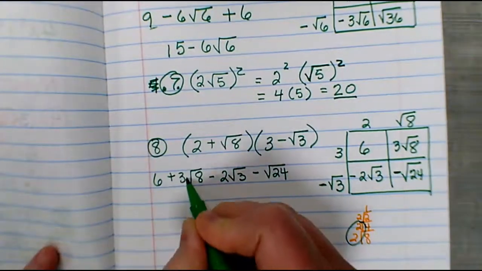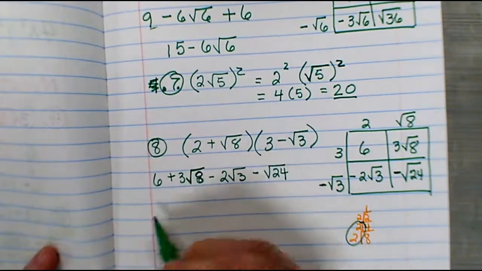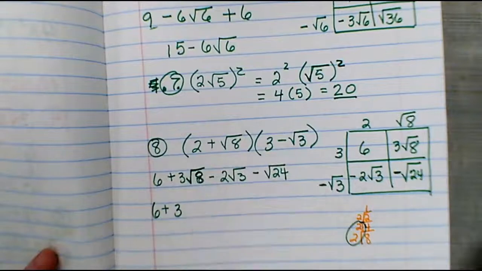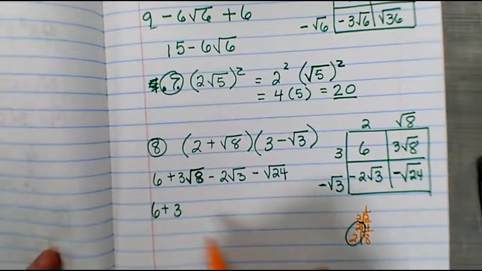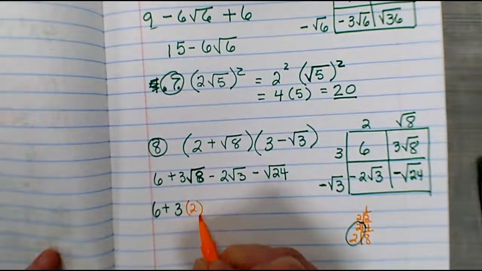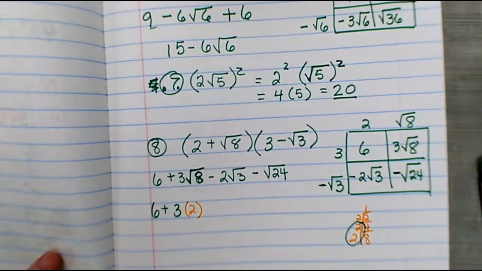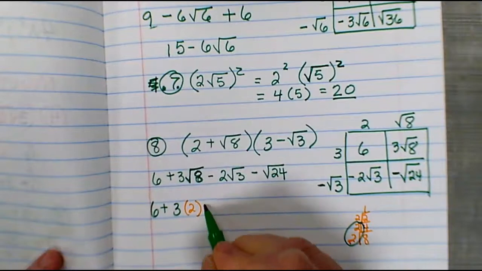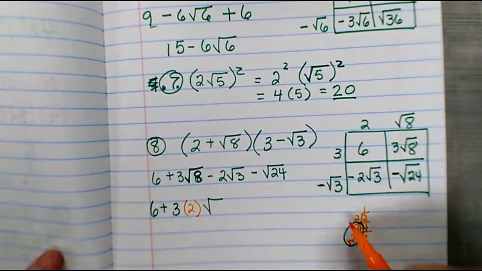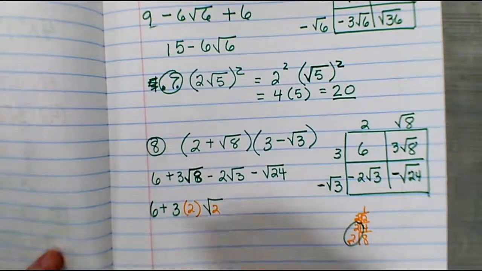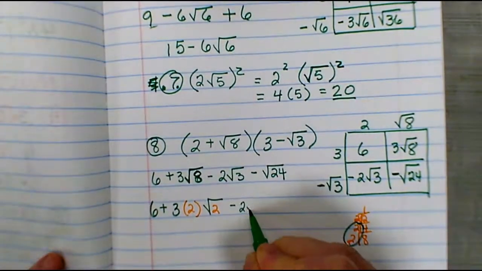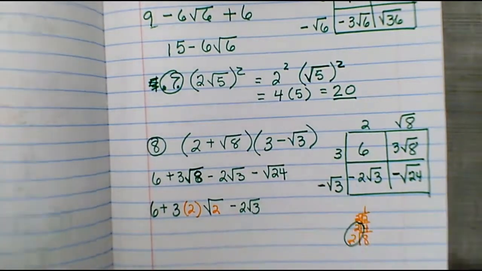I'm doing this 8 right here. This 8 right here already had a 3 out in front. And then I have a pair of 2's from this pair right here. And then I have this 2 right here left over. The square root of 3 can't be simplified any.